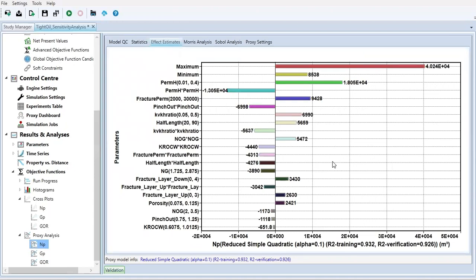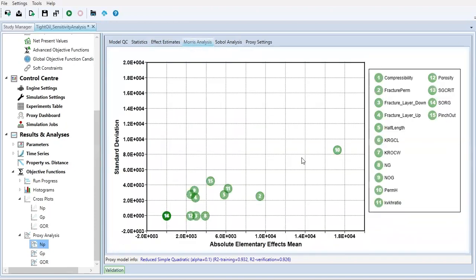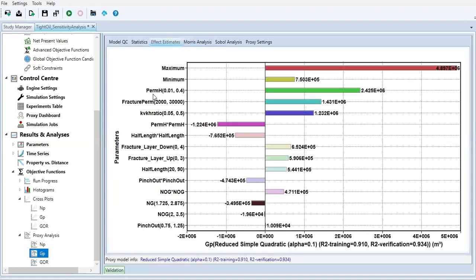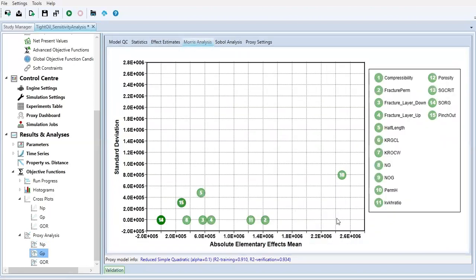And then Morris analysis. It also shows us which parameter actually is the most important. So again, here, perm H, the horizontal permeability, gives the greatest influence in determining our NP. For GP, let's check the Morris analysis.